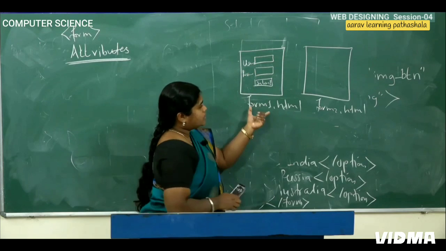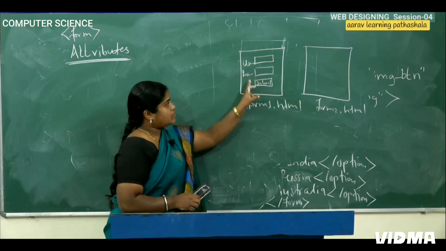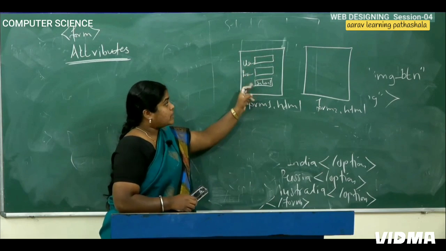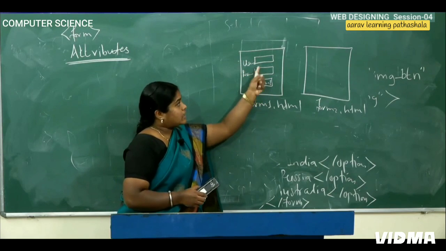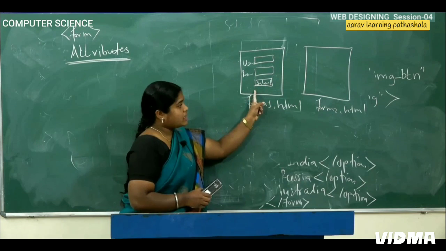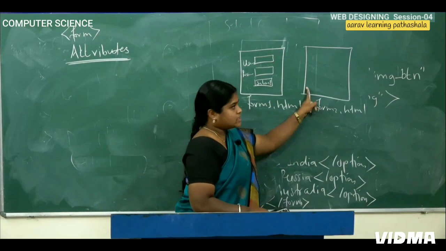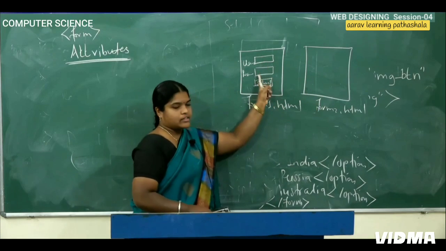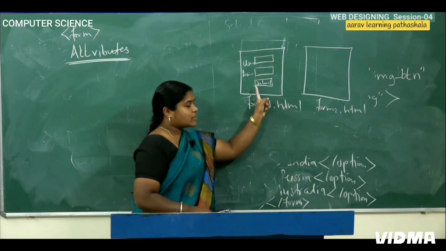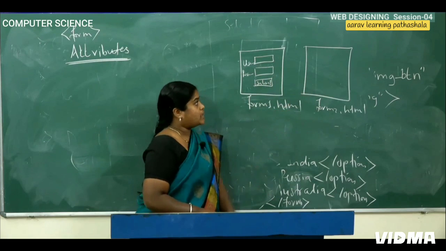So in this form, we are entering username and we are asking for the password. After entering all this information, when the user clicks on submit, immediately this particular page should appear. I hope it is understood.